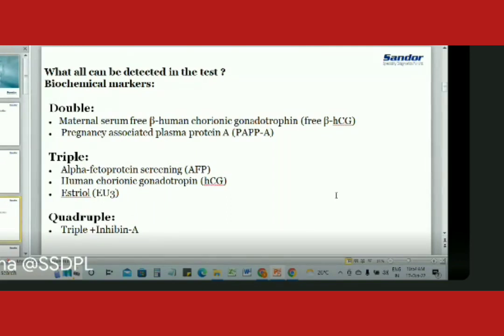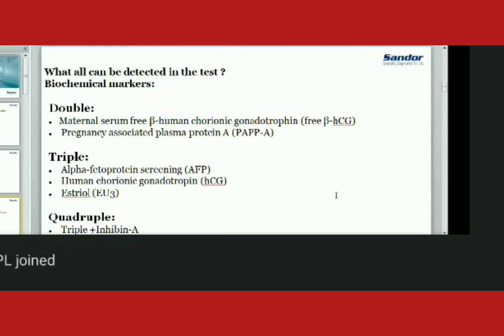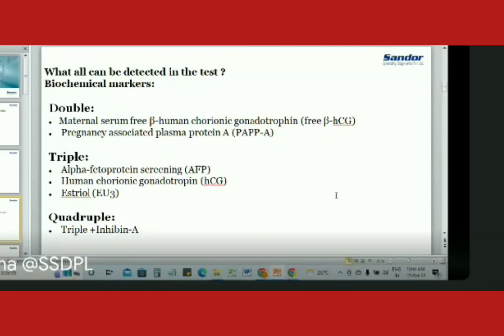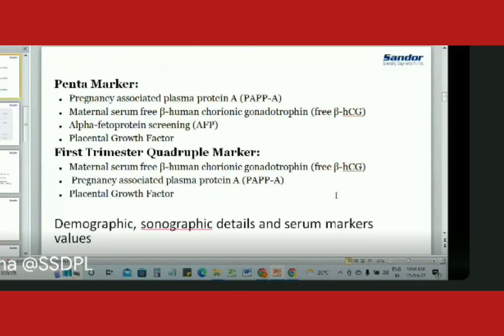Based on the levels and the rearrangement of these hormones and proteins, we can interpret the diagnosis, whether it's trisomy 21, 13, 18, or preeclampsia. Got it?